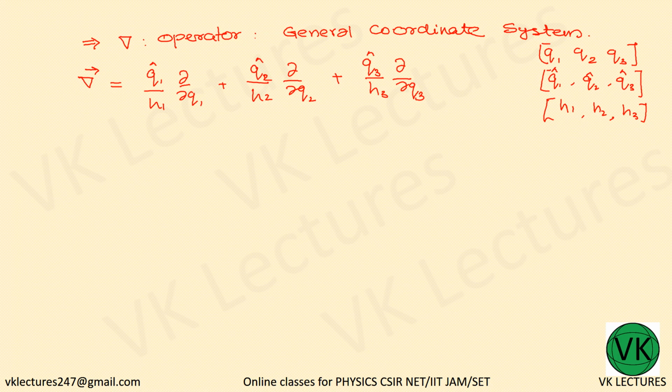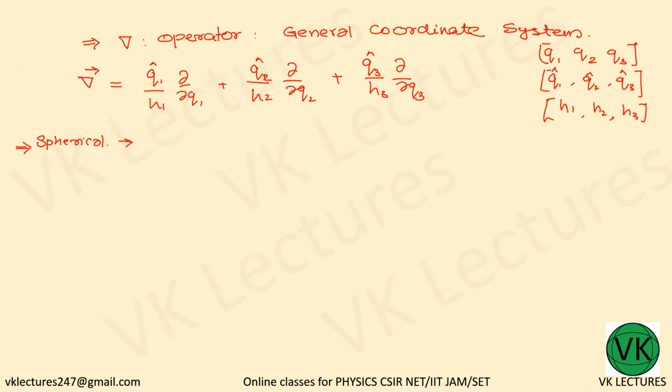So this is the del operator in a general coordinate system, and for example, from this general coordinate system let us find it out for spherical polar coordinates. Okay, for spherical polar coordinates, how can you write this?